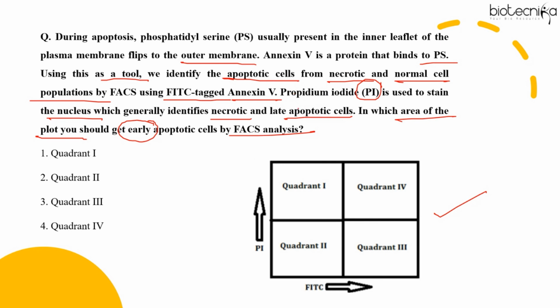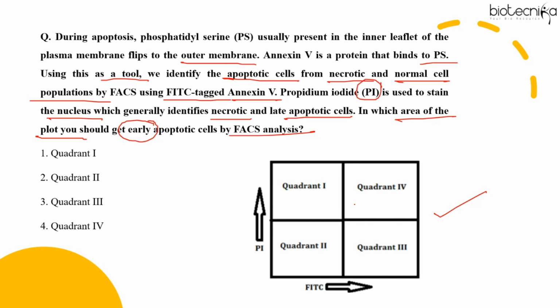So based on the information given in the question, go through it and tell me what is the correct answer here. You have to find out which of the quadrants, 1, 2, 3, and 4, will tell you about the early apoptotic cells.